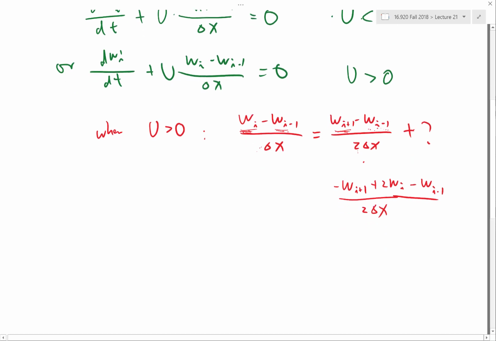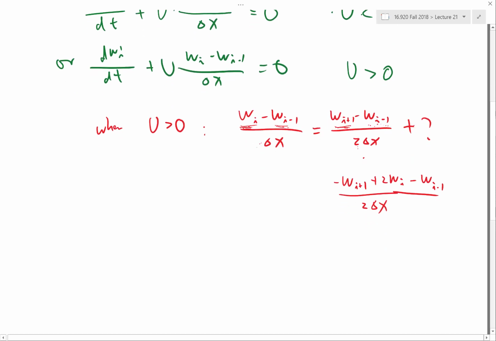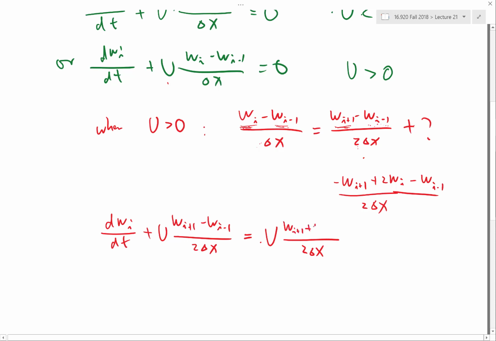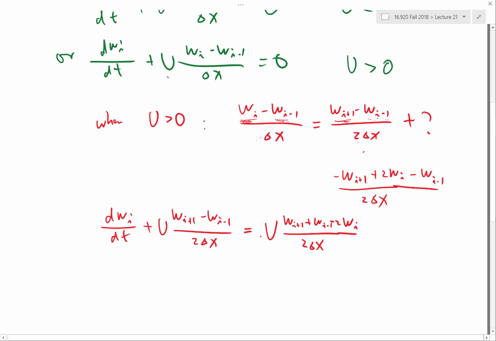So an alternative way to write this down is dw_i/dt plus u times the central difference scheme equal to u times (w_{i+1} plus w_{i-1} minus 2 w_i) divided by 2 delta x. So this is like a second order dissipation scheme.